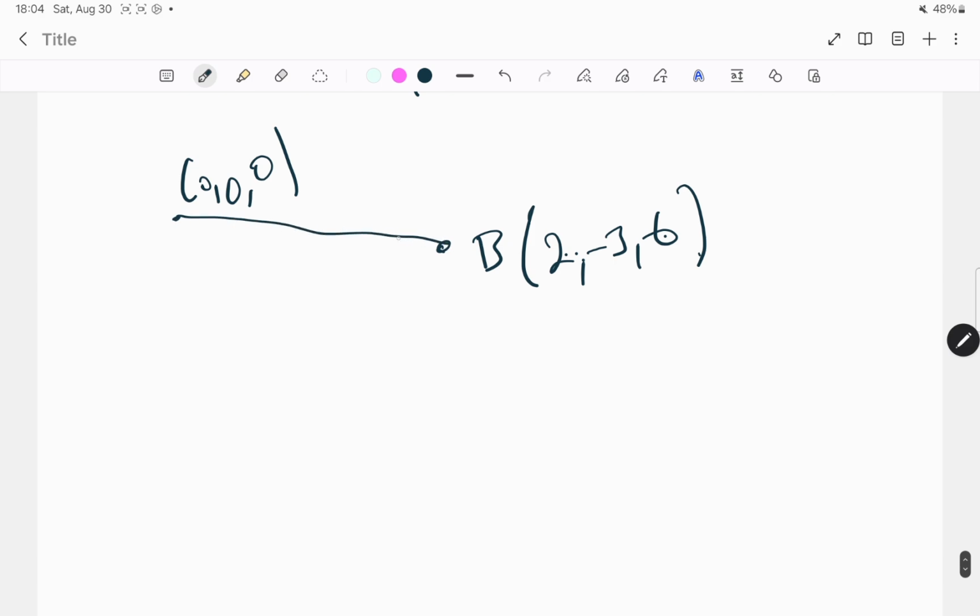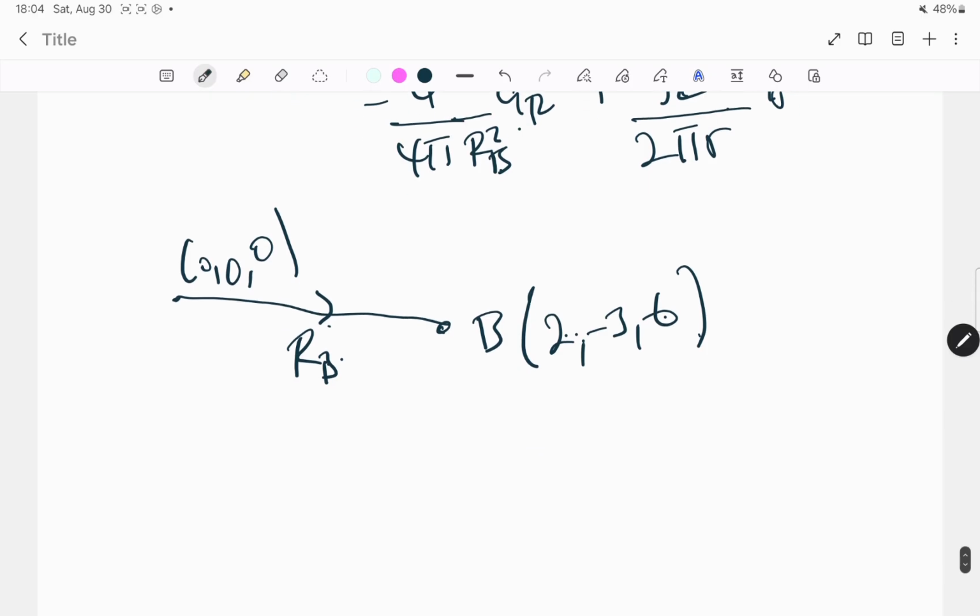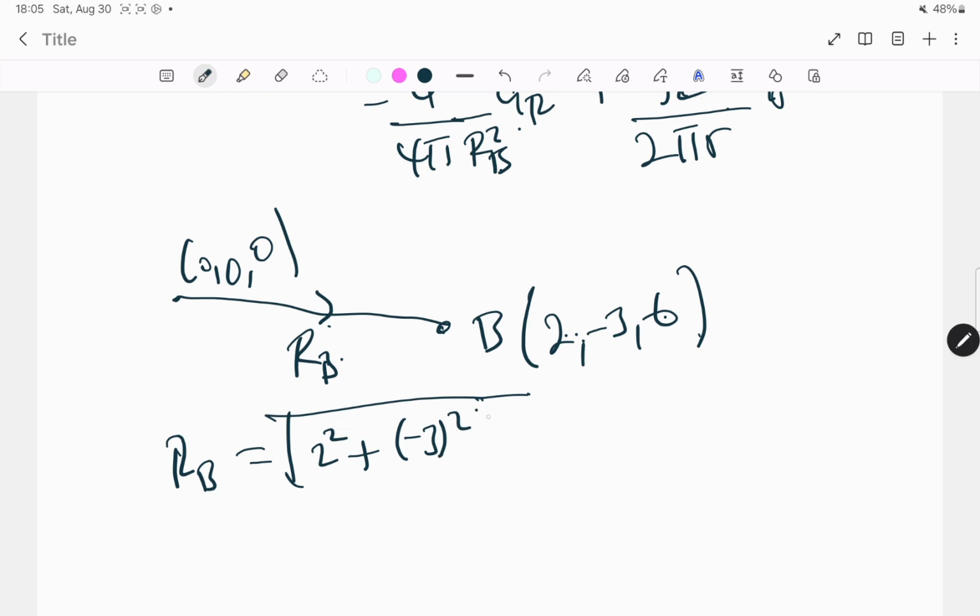So we have to find the distance, which we can call R_B, as a label. R_B is equal to the square root of point B minus the origin. So we have 2 minus 0, that will just be 2 squared, plus (-3) squared, plus 6 squared.